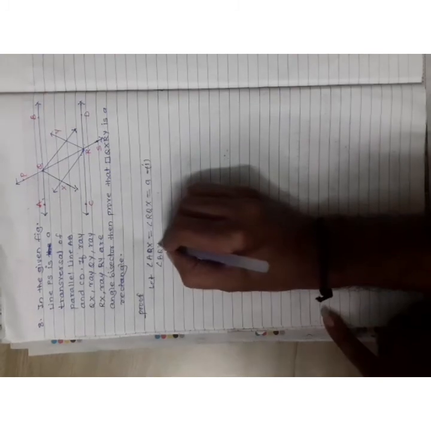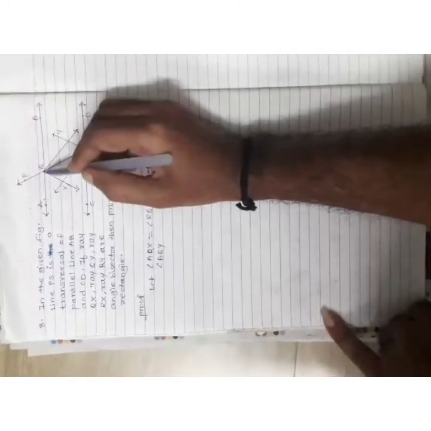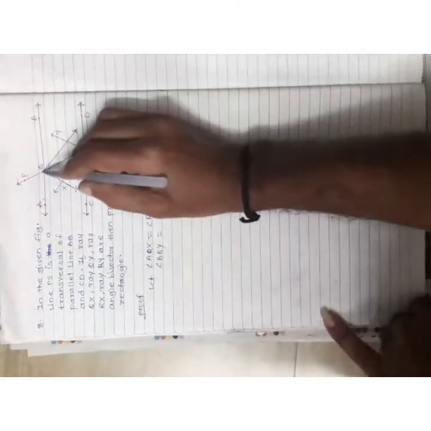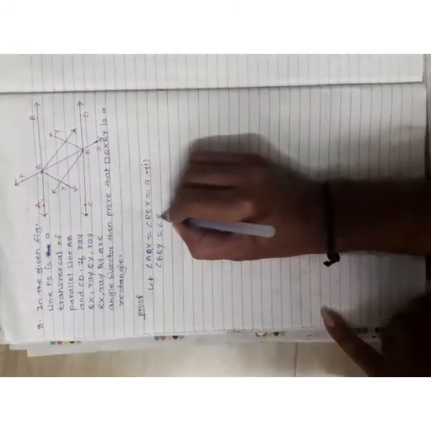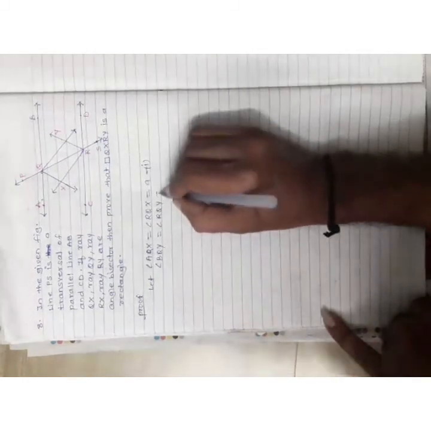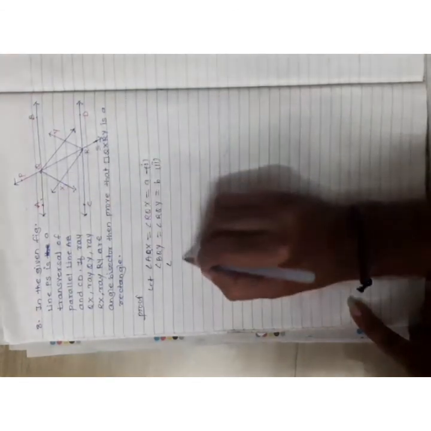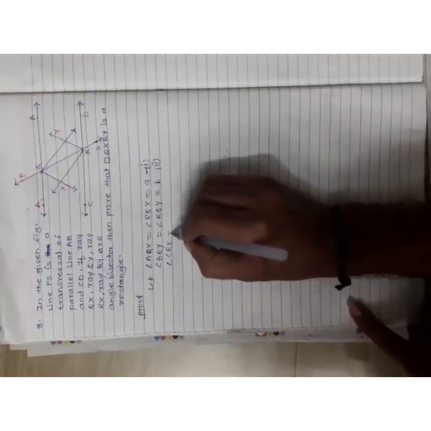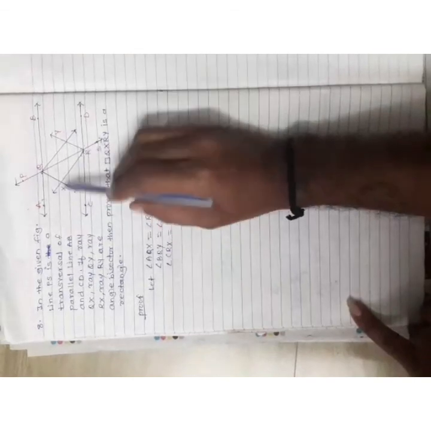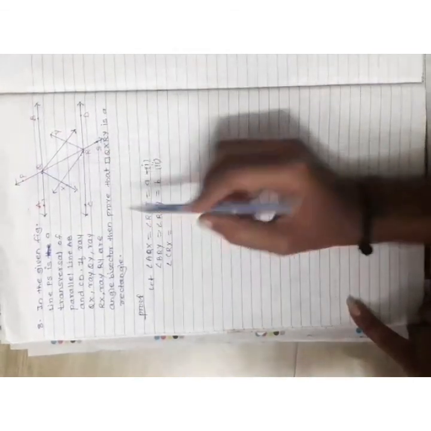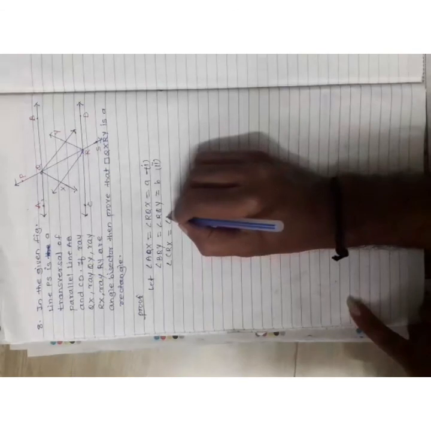Angle BQY is equal to angle RQY, equal to P. This is the second equation. Angle CRX is equal to angle QRX.